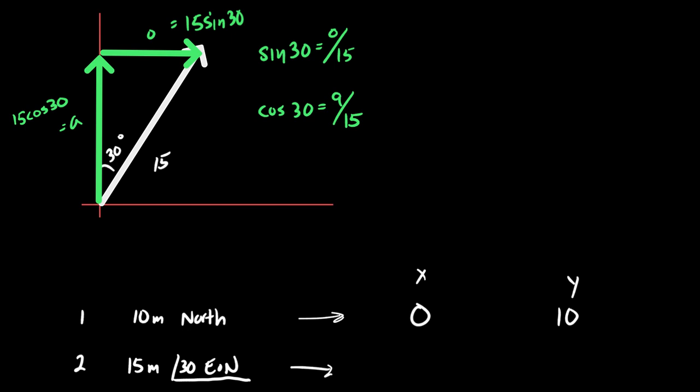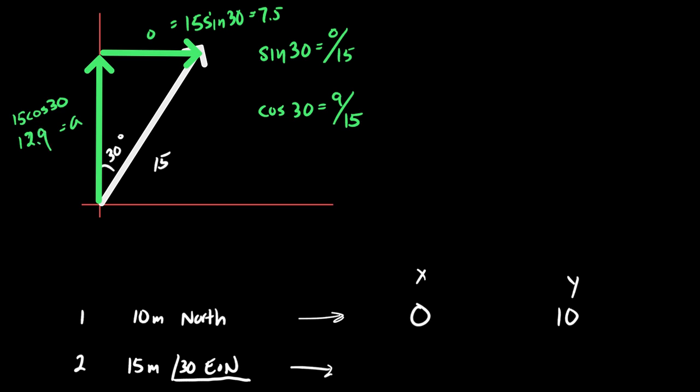You guys should be progressing because you've practiced. All right, going to keep going. 15 sine 30 is just 7.5. 15 cosine 30, 12 point something, 12.9. Okay. Great.